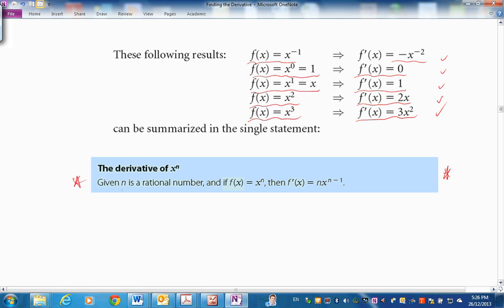If n is a rational number, that's a ratio of integers, a fraction or a whole number, and f(x) is x to the power n, then the derivative is n x to the n minus 1. Can you see it? Let's take this one. Its derivative, what happened to the power? It went in front, x to the 1 less power. What about this one? 2 went in front, to the 1 less power.